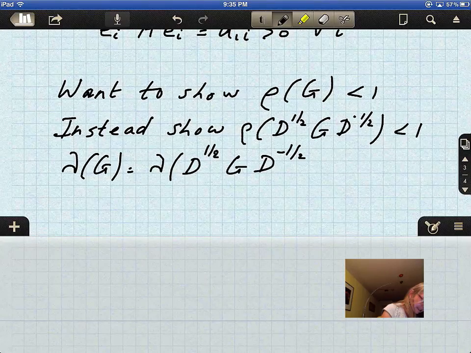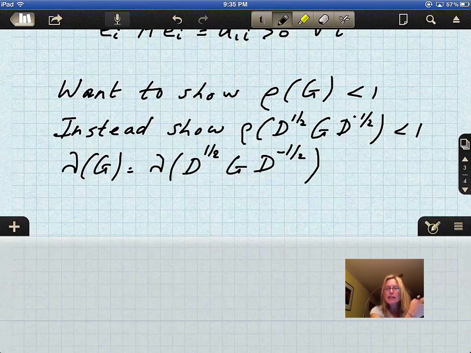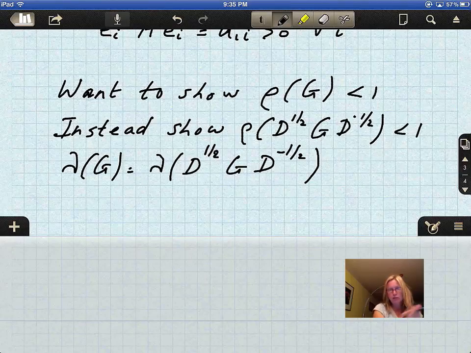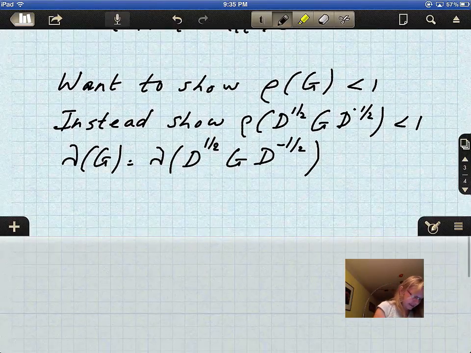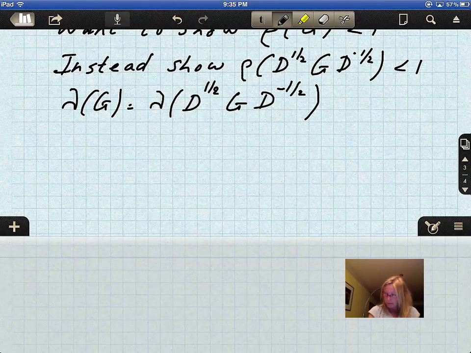This is a similarity transform that you've looked at. And I know, of course, that the inverse of D to the half exists because D was bigger than 0, right? So D is positive definite, so I can actually take the inverse and I can take the square root.